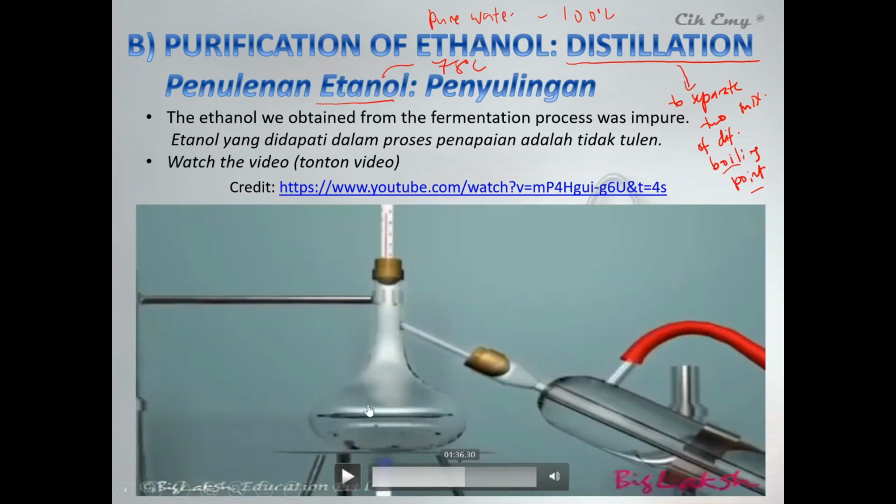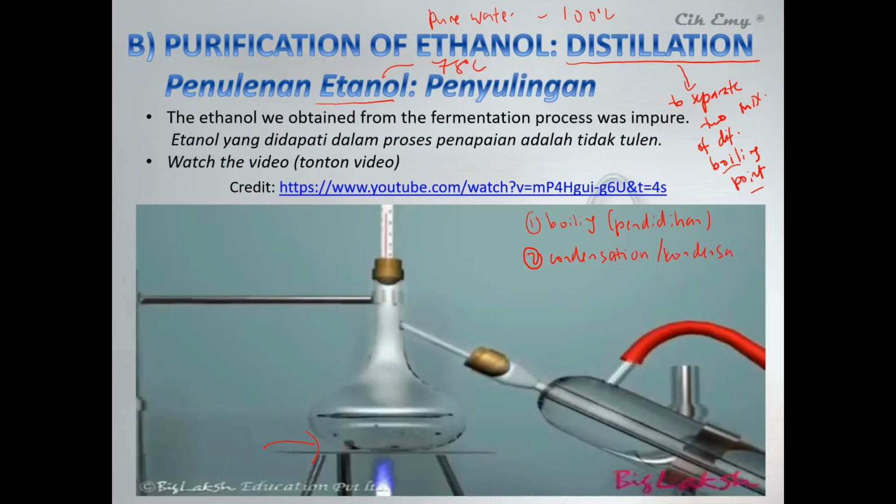So, awak nampak kat sini, distillation involves two processes. One is boiling. Okay, dia satu adalah proses pendidihan. Yang ini. The other one is condensation. Kondensasi dia berlaku kat sini.